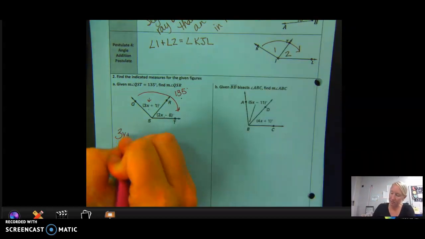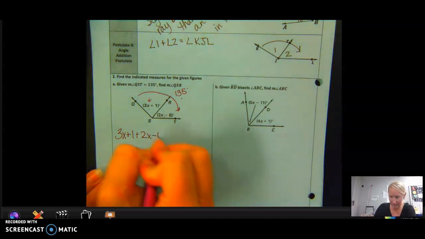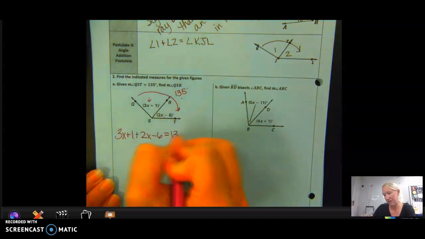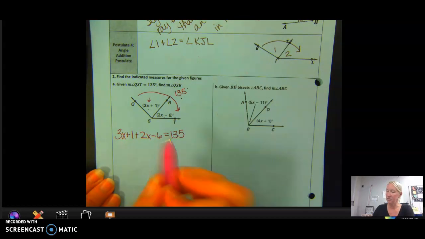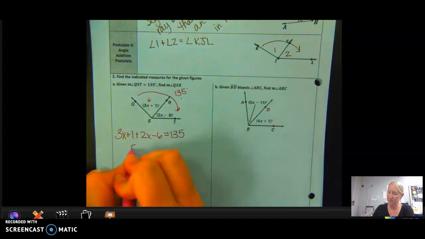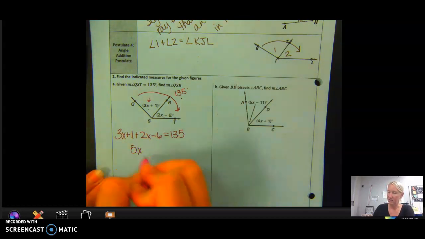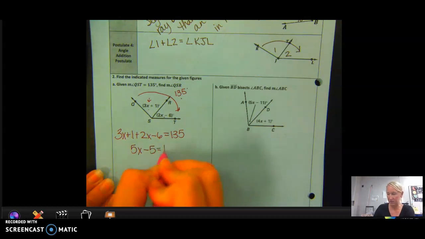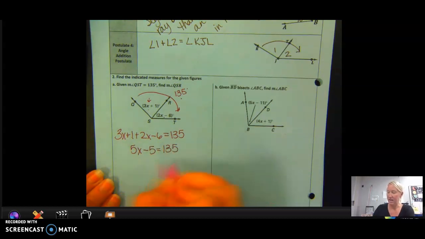That 3x plus 1 plus 2x minus 6 equals 135. Combine like terms, same side, so 3x's and 2x's makes 5x's. 1 and negative 6 makes negative 5. That equals 135. Add 5 to both sides, so 5x equals 140. Divide by 5, so x equals 28 degrees.